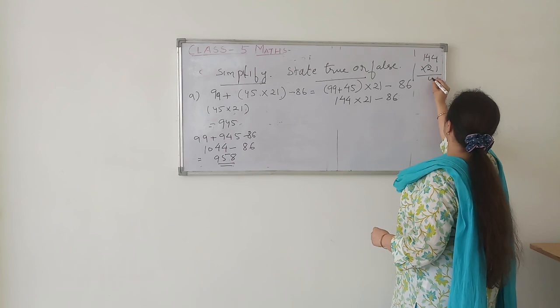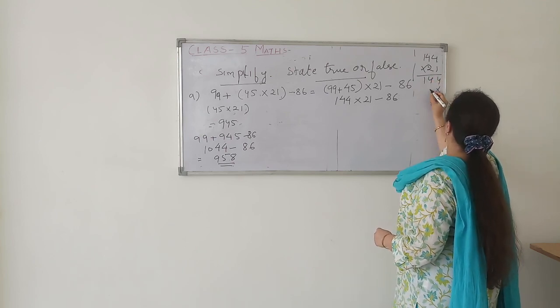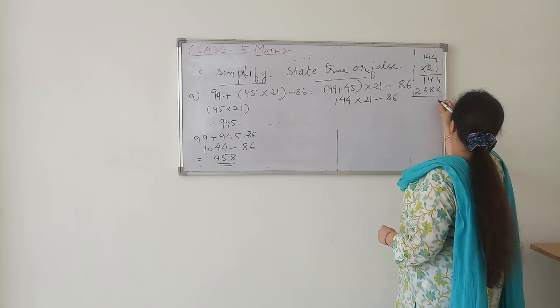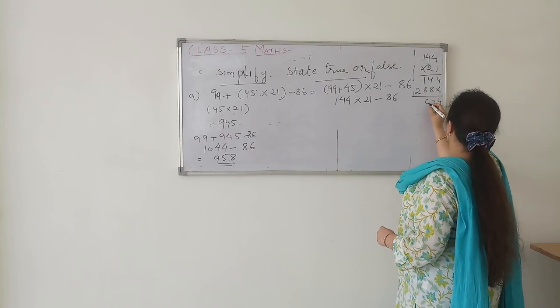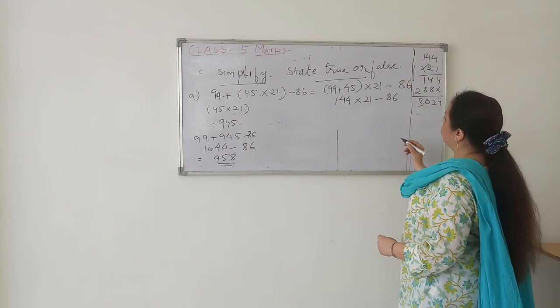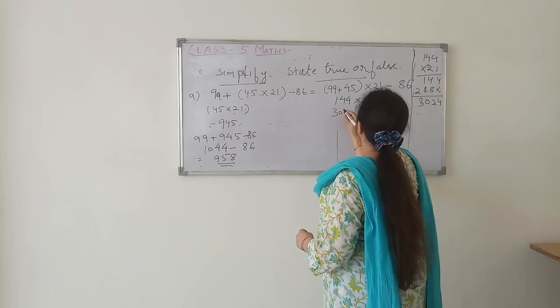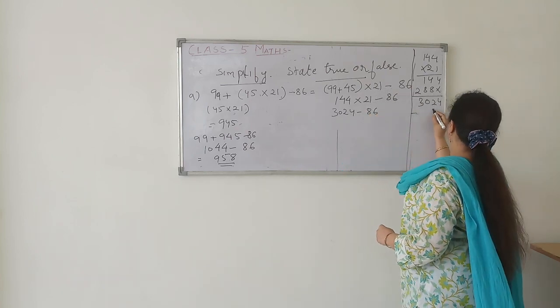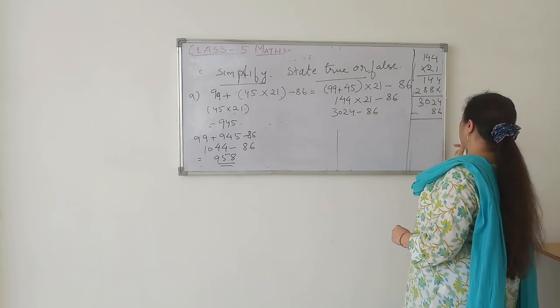1 4s are 4, then 2, 2 4s are 8, 2 4s are 8, and you will get 3024 minus 86. Now we will subtract 86 from here.